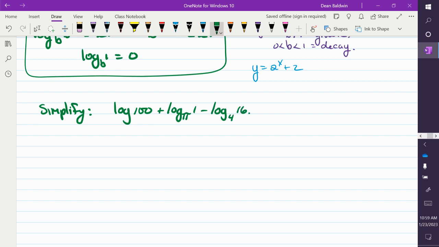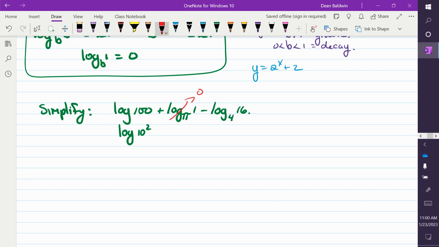This is a simple one. If no base is written, what base is it? 10. Okay, so what do I do with the first one here? Yeah. So I can rewrite the 100 as 10 squared. As soon as you see log 1, what do? It's gone, 0. Thanks for coming.